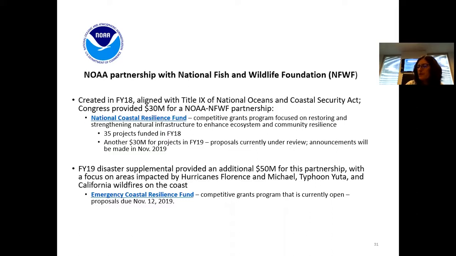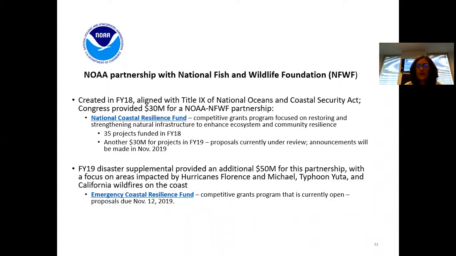So the Emergency Coastal Resilience Fund was established to increase the resilience of coastal communities located within federally declared disaster areas impacted by Hurricanes Florence, Michael, the Typhoon Yutu, and wildfires in 2018. And their proposal is due in November. So I strongly encourage you to look into that source of funding.